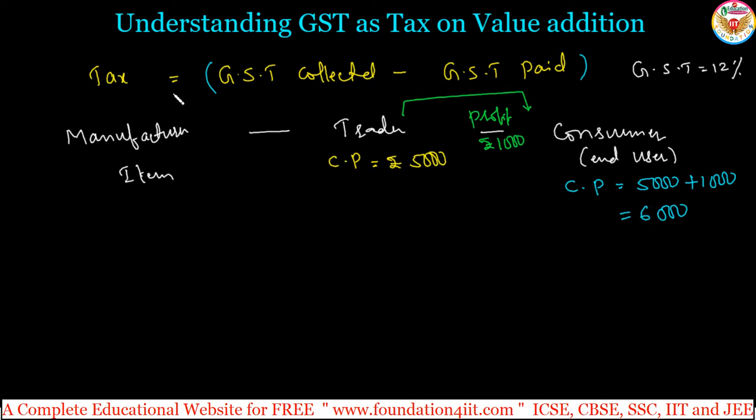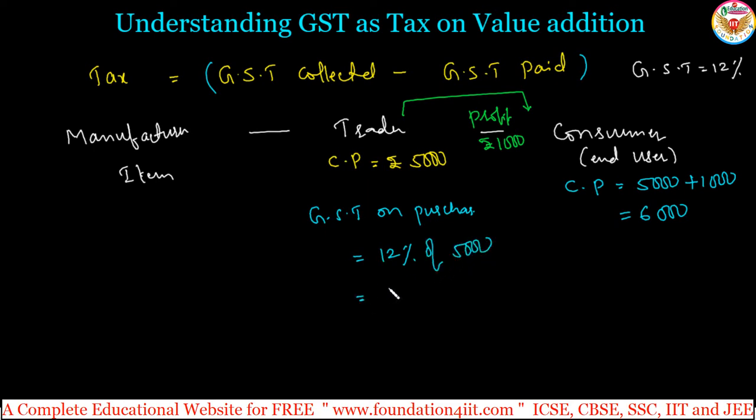In this transaction, let us see how tax should be calculated. First, GST collected. The trader first purchased from the manufacturer, so GST on purchase is 12% of 5,000.